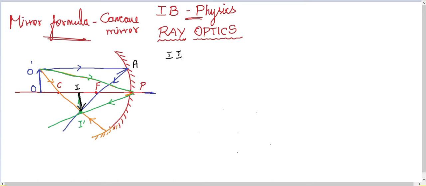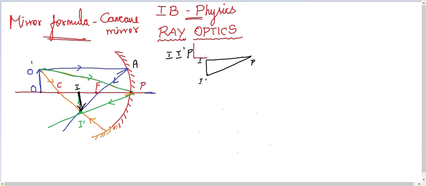I dash P. Look here, I, I dash and P. This is one triangle. I'll draw it here. Each and every segment I'll separate and draw it here so that you won't find it clumsy to look into the same ray diagram. So this is I dash P. And next is O dash P. It will be here, right?